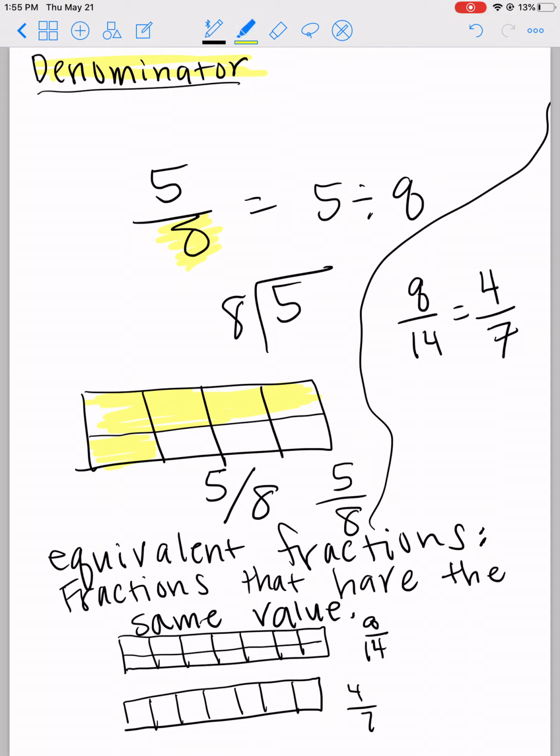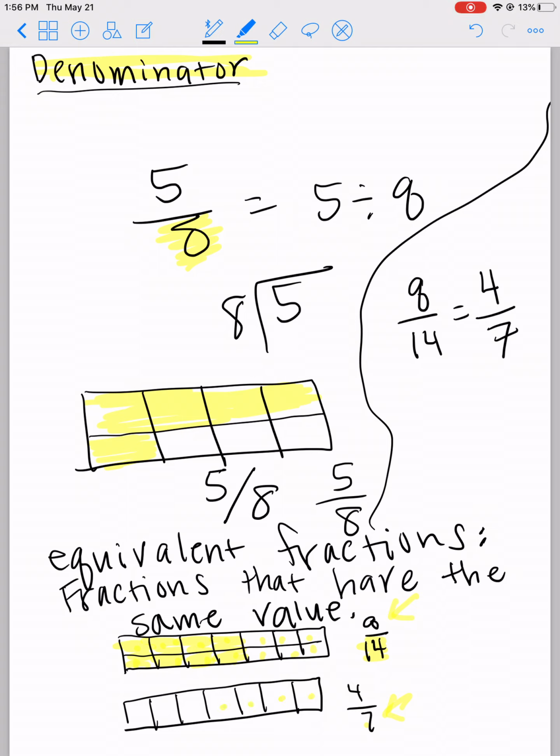And here's the thing. I'm going to color in my numerator. So for this, the denominator shows there's 14 spots, right? 1, 2, 3, 4, 5, 6, 7, 8, 9, 10, 11, 12, 13, 14. But the numerator tells me to shade in 8 of them. So 2, 4, 6, 8. Now here, the denominator says 7, so we have 7 parts.